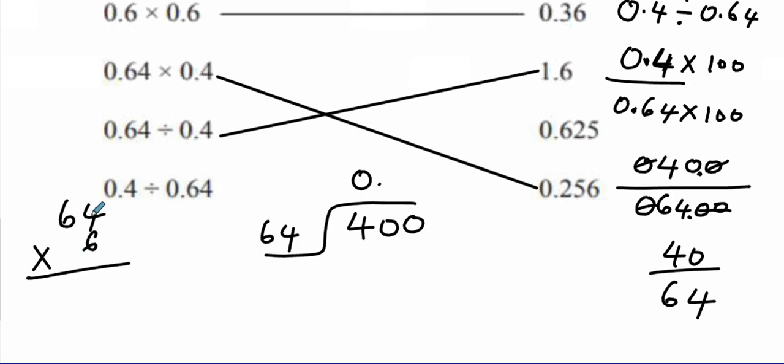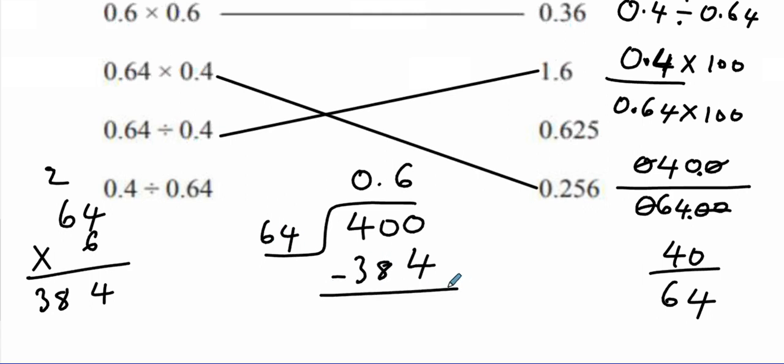Let us try 6 over here. 6 times 64: 24, 36, 38. Yes, so here comes 6. Subtract, what is the remainder? Let us see, 10 minus 6, 9 minus 8, that will be 1.